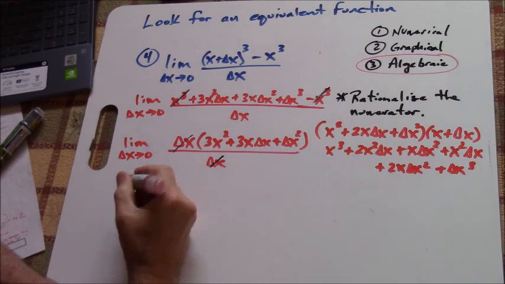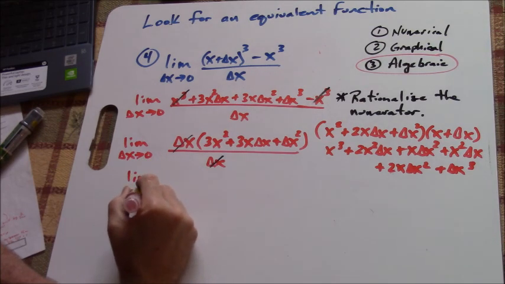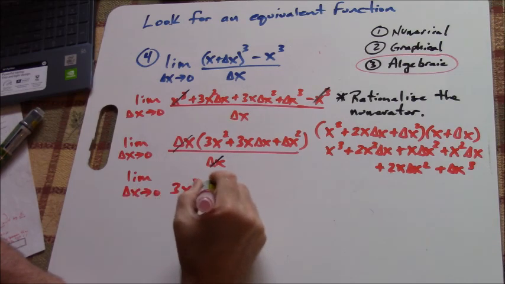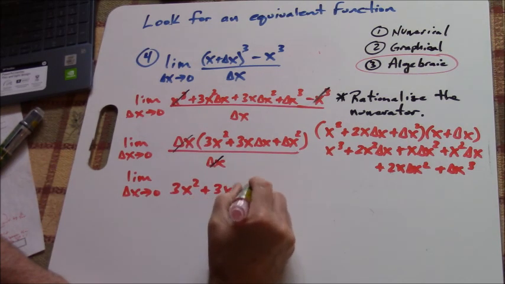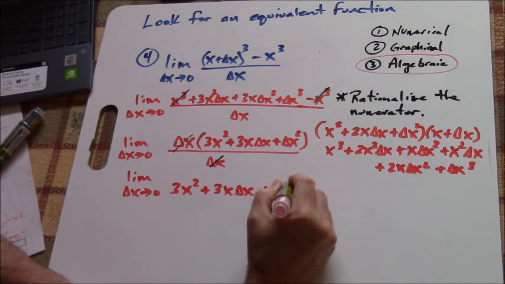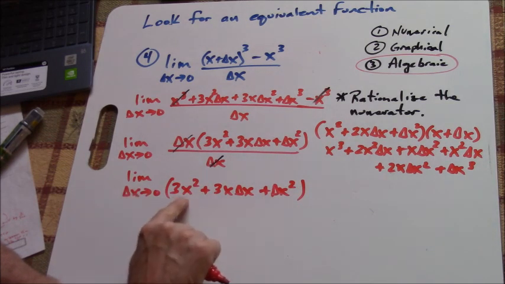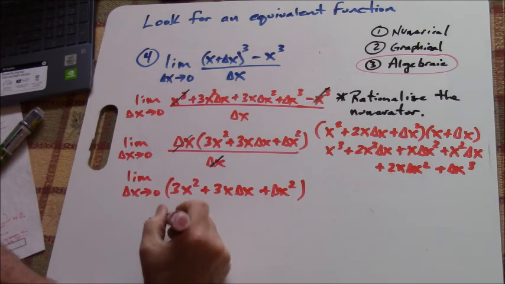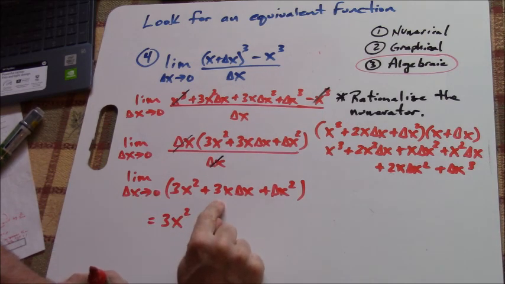So what I have now is the limit as delta x approaches 0 of 3x squared plus 3x times delta x plus delta x squared. And so there is no delta x here, so there's no place to plug a 0 in, so I just get 3x squared. I'm now doing my direct substitution, okay? Because I no longer get 0 in the denominator.